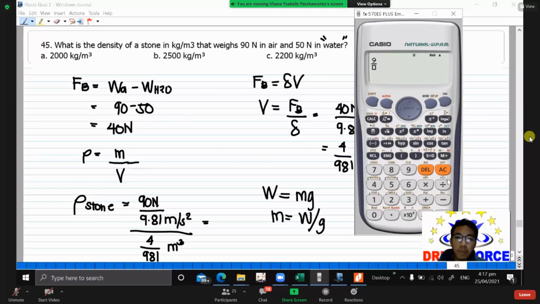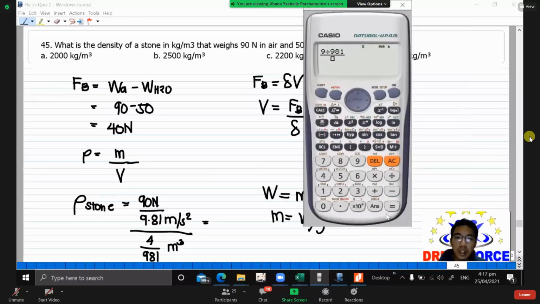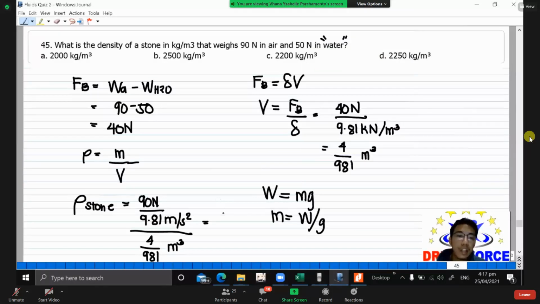So we have 90 by 9.81. Divide that, and our answer, you have 2.25. So times 1,000, it becomes 2,225. Or 2,250. That is in kilograms per cubic meter.